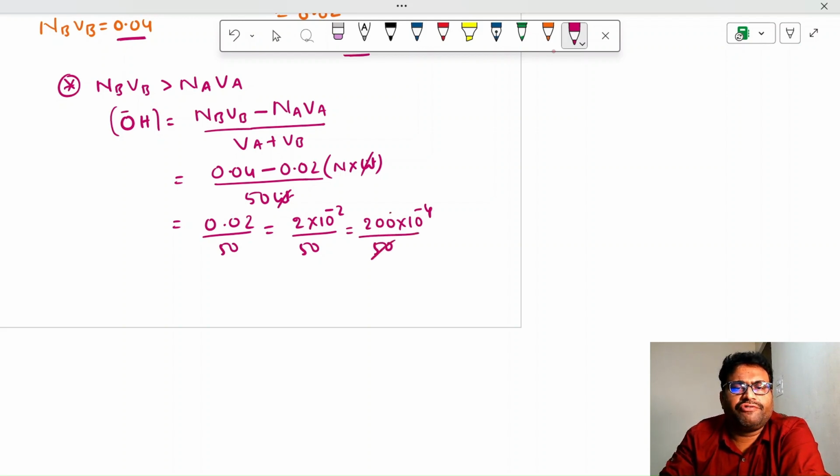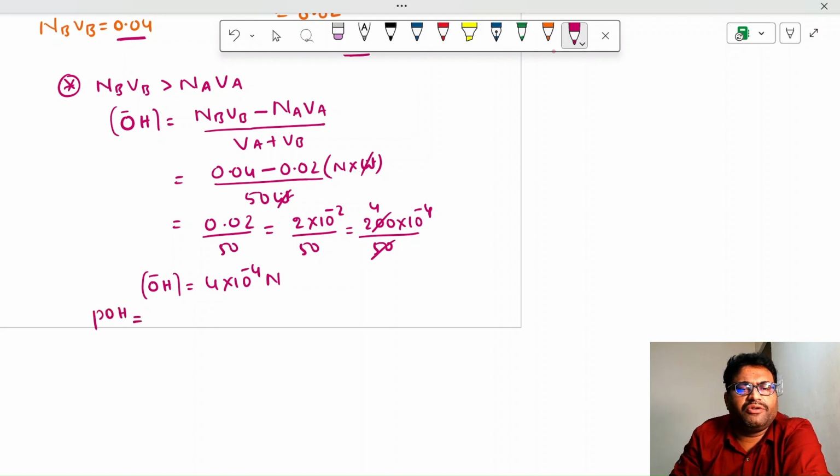So OH minus ion concentration is equal to 4 into 10 power minus 4 N. Then pOH will be equal to minus log 4 into 10 power minus 4, which can be written as 4 minus log 4.